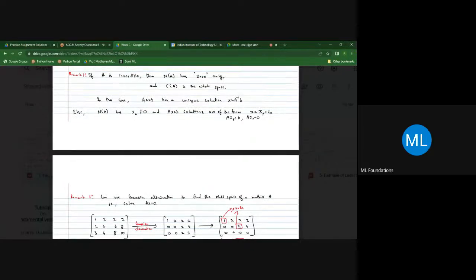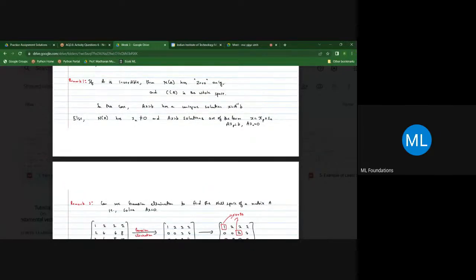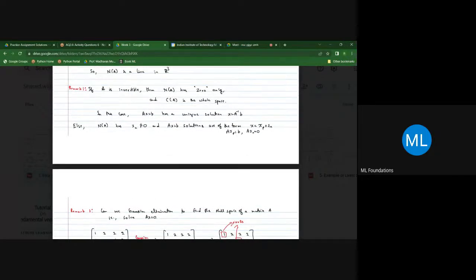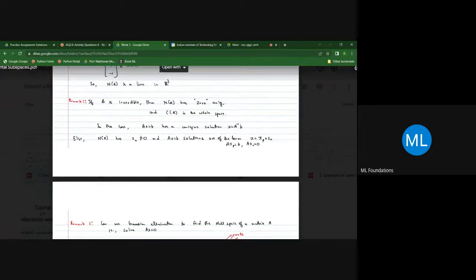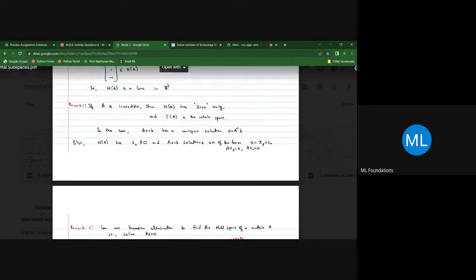So if the null space of A has xn not equal to 0, then what they are basically saying is that A is non-invertible. The null space of A has some solution other than the zero vector.